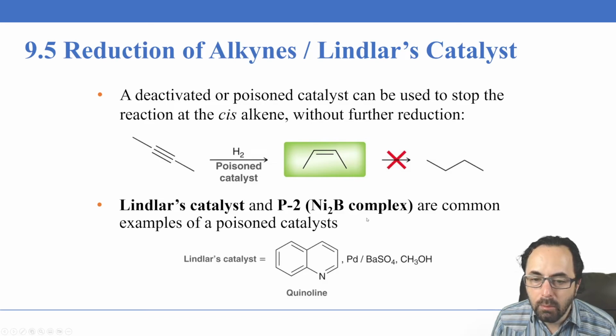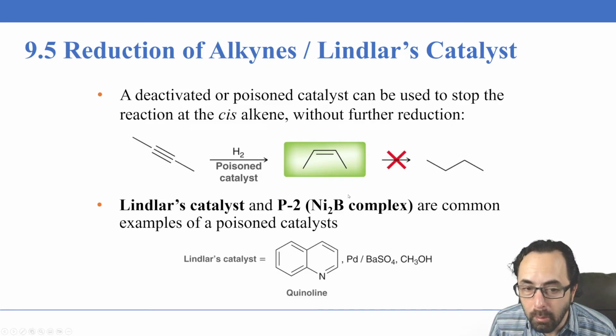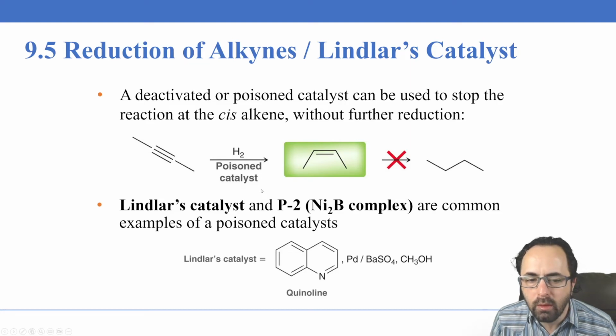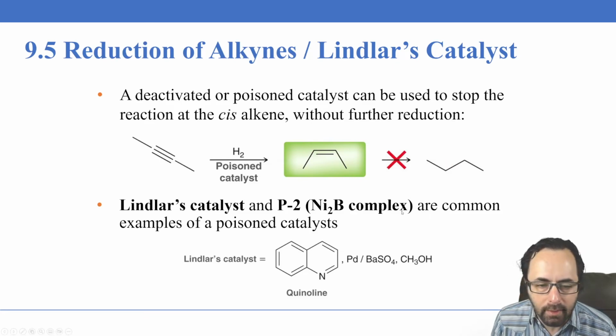Now that said, sometimes we want to stop this hydrogenation when we get the double bond. And so when we do this, we'd want to use what's known as a poisoned catalyst. The poisoned catalyst is one that allows for the addition of the first equivalent of hydrogen to get the alkene, but not the second equivalent to get the alkane.